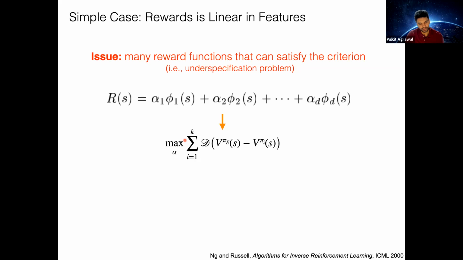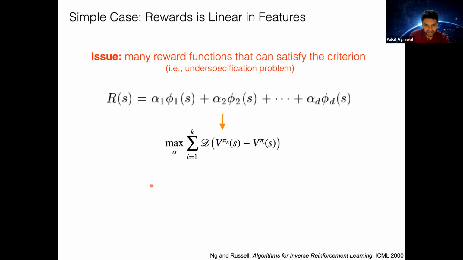So how do I choose one out of the many, many possible different reward functions which could be there? Why is this? Because we know that for a given reward function, there are multiple trajectories or multiple policies which can have the same reward function.